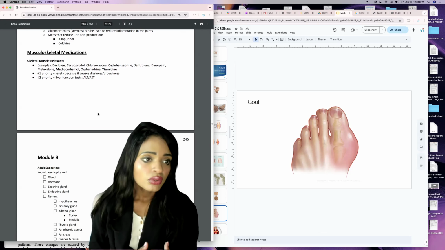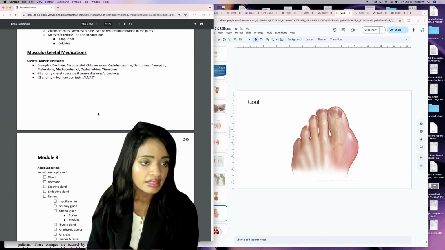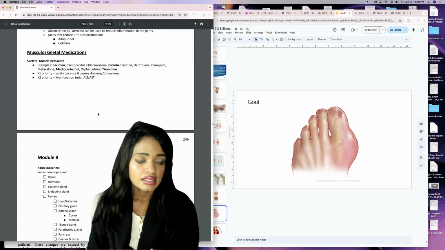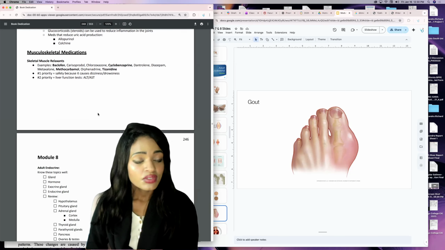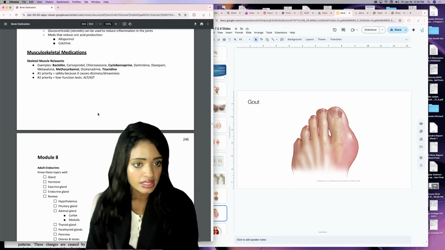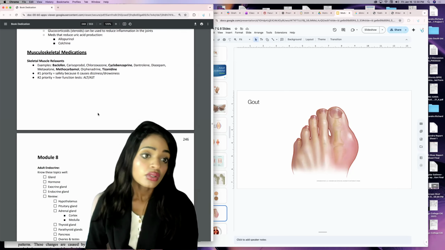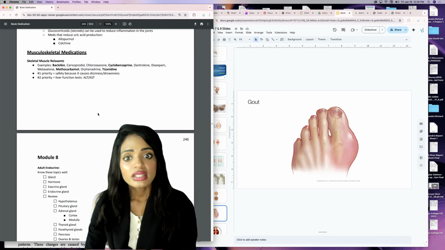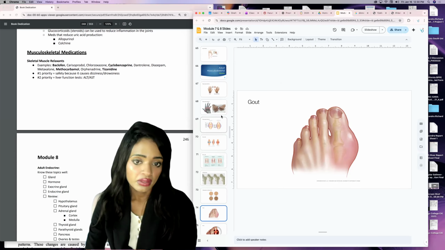And then in general, I want you to know about skeletal muscle relaxants: baclofen, cyclobenzaprine, methocarbamol, and tizanidine. If you see those, they are muscle relaxants. And you have two priorities as nurses. Your number one priority is safety because they cause dizziness and drowsiness. And number two is to monitor liver function tests to make sure that they don't affect or impair the liver.